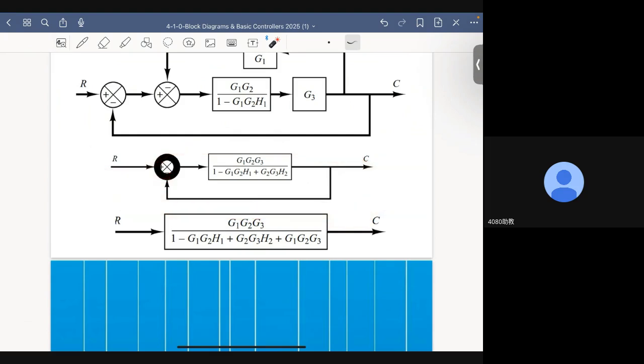Again, by using the same transformation technique, we can come up with the final transfer function of this model. Pure and simple, very straightforward. Nothing fancy. The technique is so straightforward, you look at it once, you know how to do it.